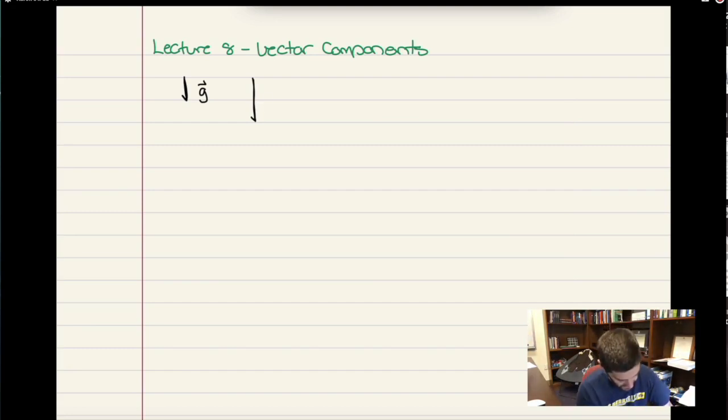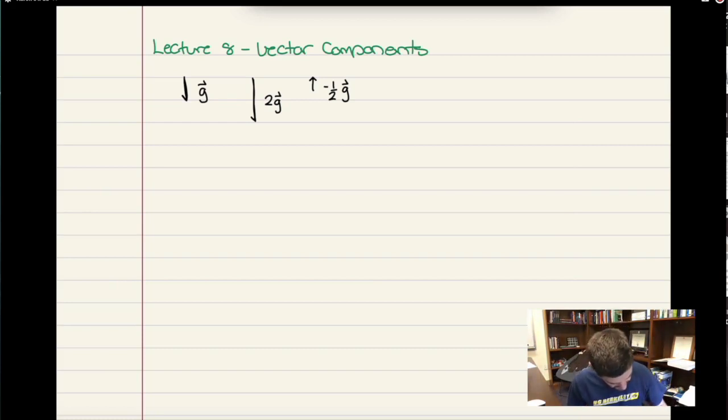So this might be, say, 2g, a vector that is twice as long as g. Something like this might be negative 1/2 g. The scalar just rescales, and if there's a negative sign out front, that flips the direction that the vector is pointing in.